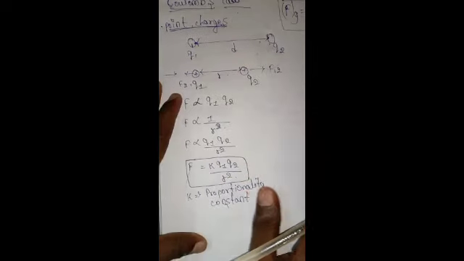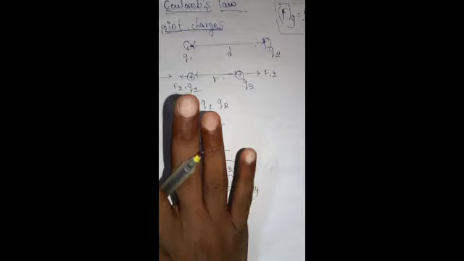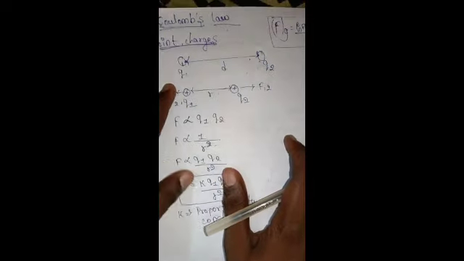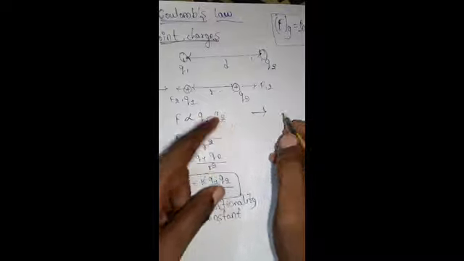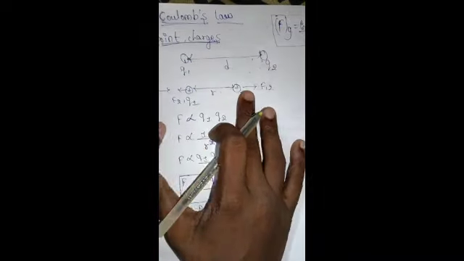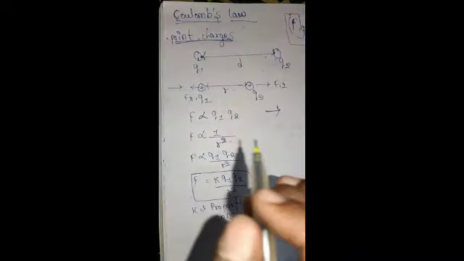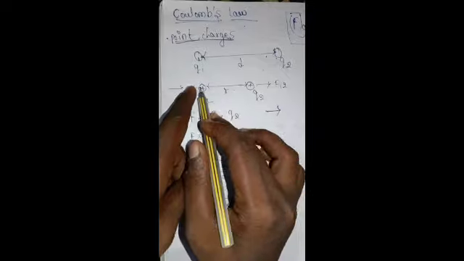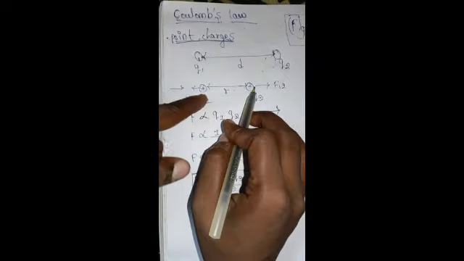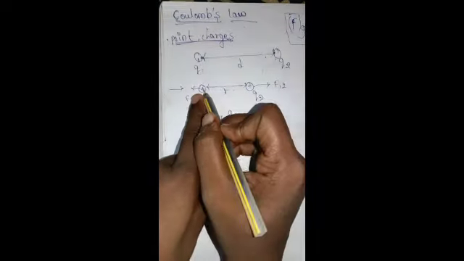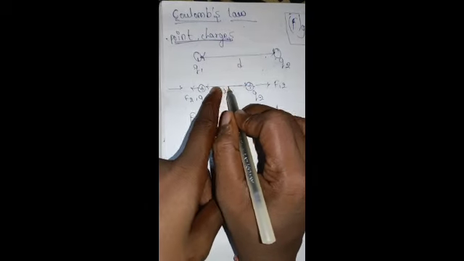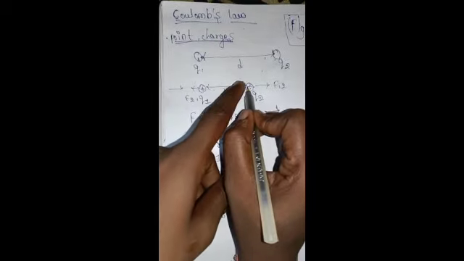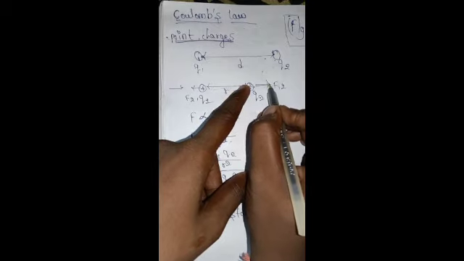Let us know some properties of Coulomb's law. According to Coulomb's law, the force always acts along the line joining the two charges. See, here are two charges, and the force is acting along the line joining them.